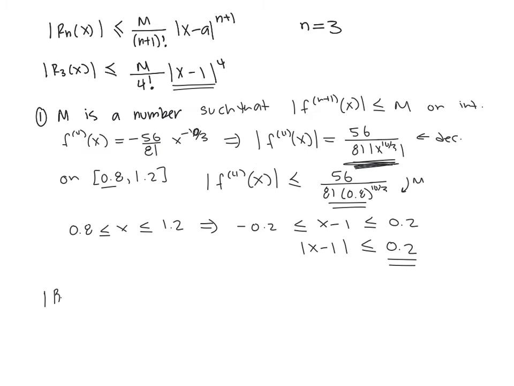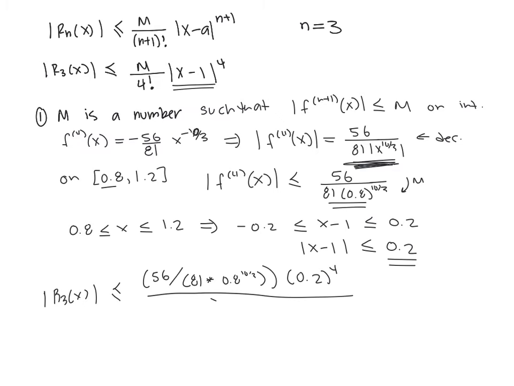So the absolute value of the remainder is less than or equal to 56 over 81 times 0.8 to the 10 thirds power. That's my M. The absolute value of x minus 1 is at most 0.2, so that's 0.2 to the fourth over 4 factorial.